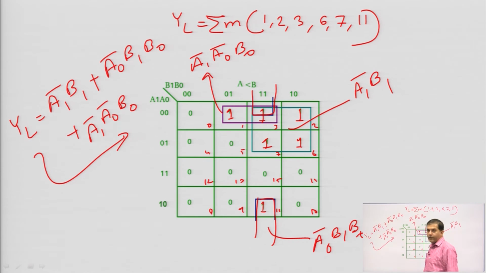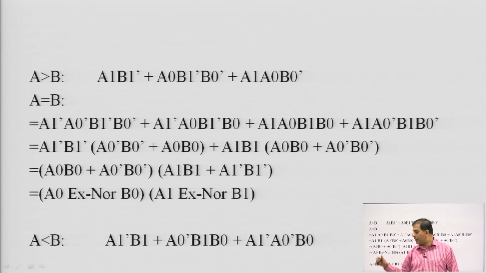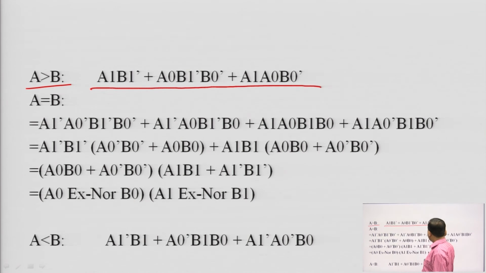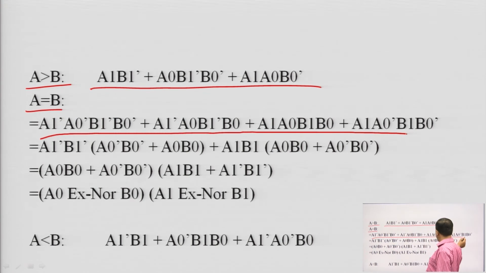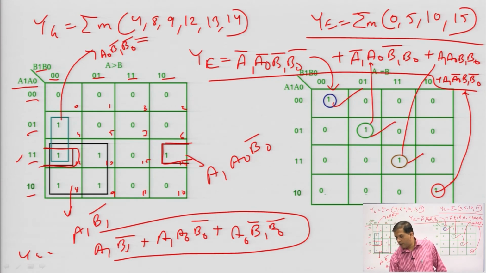Okay. So, we have written the 3 combinations for y greater than, y equals to, y less than. So, this will be the ultimate equation, as I have already told you. This is for a greater than b. And the answer for a equals to b, you have already written this expression.